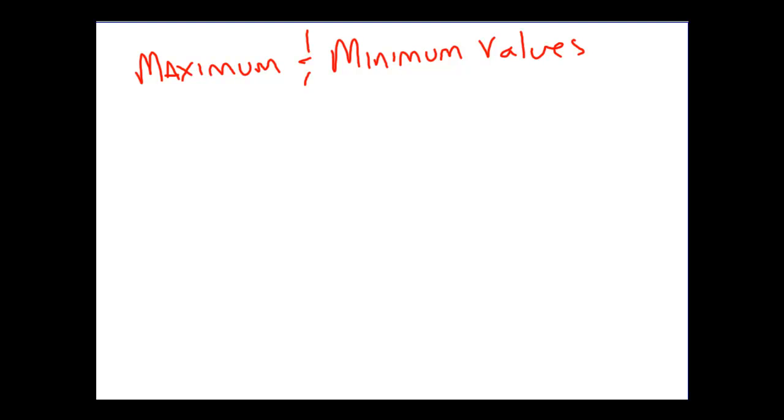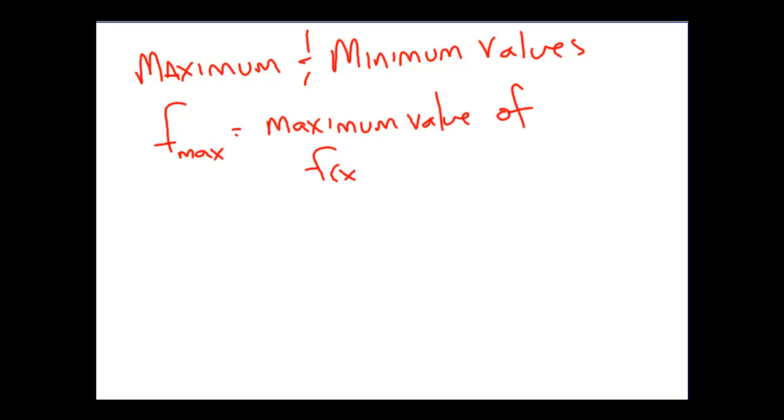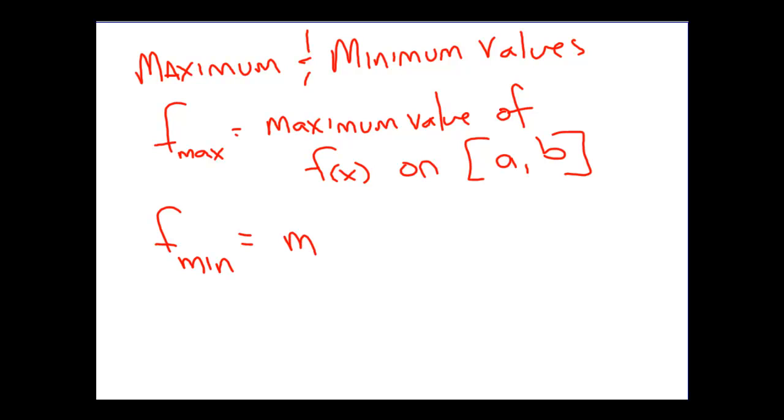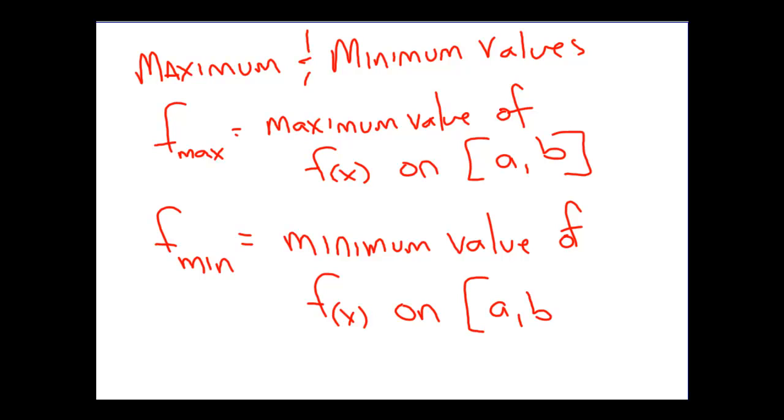So let's go ahead and call f max the maximum value of f of x on our interval from a to b. And let's call f min the same thing, the minimum value of f of x on this interval a, b.